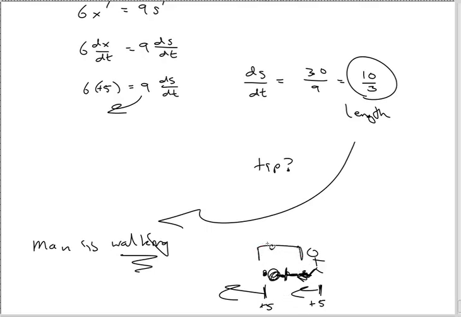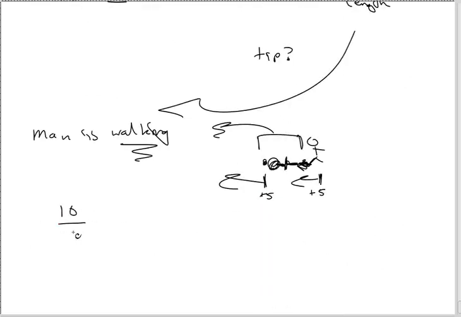And the length is increasing by this 10/3. So what we're going to have to do is add the 10/3, which is the length of the shadow, plus the man actually walking, the 5, which ends up being 25 over 3 feet per second.